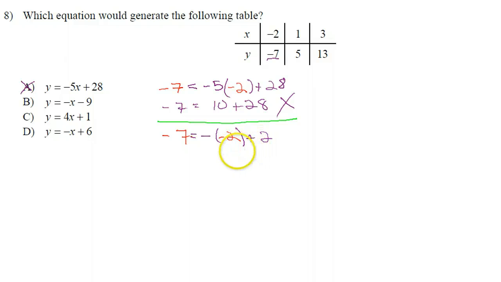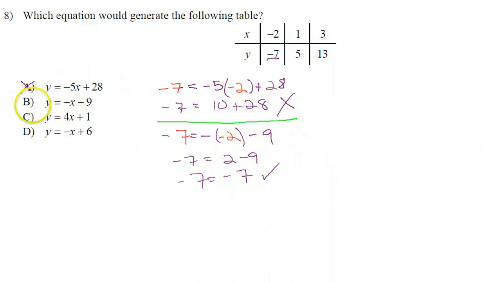Sorry, plus -9. The correct one. -9. Right, so I have y and my -x -9. And now working this out, first 2 negatives make that into a positive, so that's a +2 minus 9. And 2 minus 9, that is definitely -7, which is what I want. So far it works for the first one, but we got to keep trying it out.